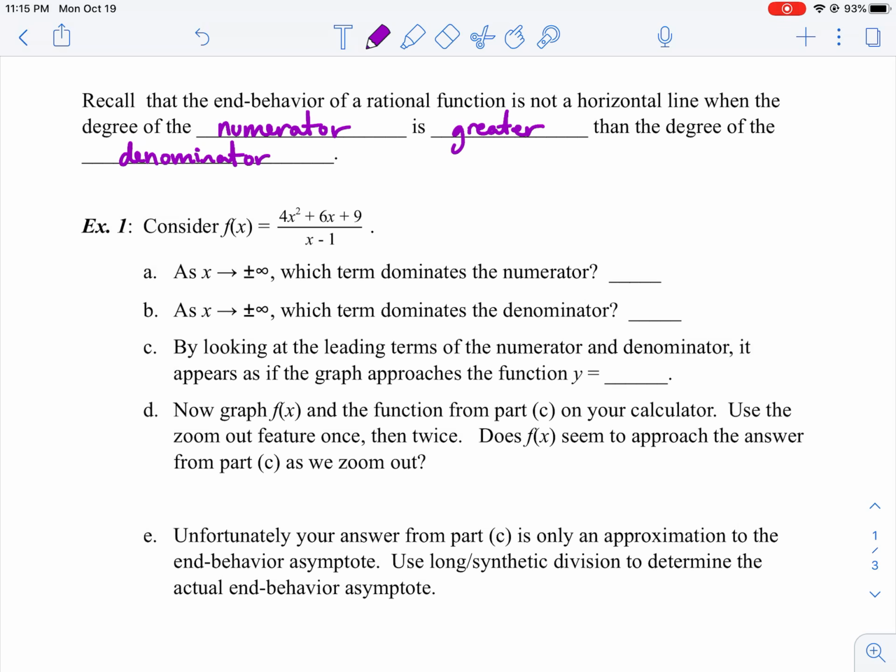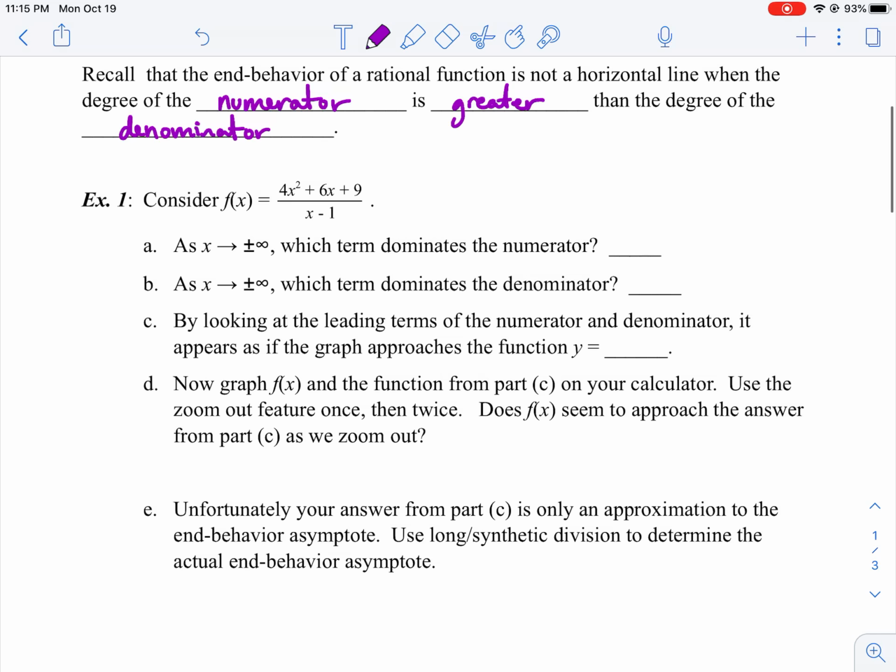If we use that comparison method that we talked about last week, as x goes to either positive or negative infinity, as we pick things that are really, really big, either positive or negative, which term would dominate the numerator? The thing that would dominate the numerator is the highest degree piece, so that would be 4x squared, because if I start plugging in big numbers, that's going to take control.